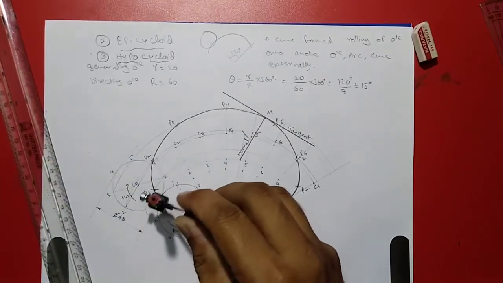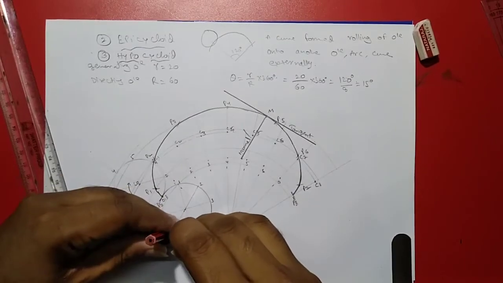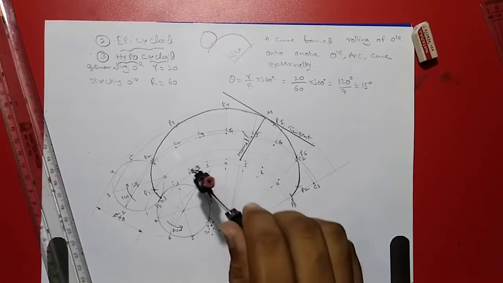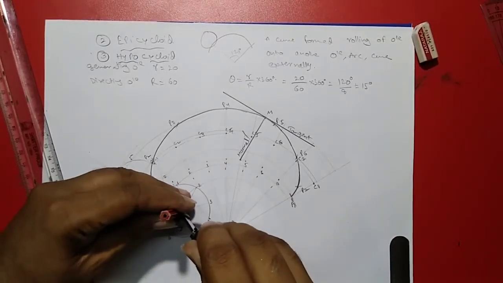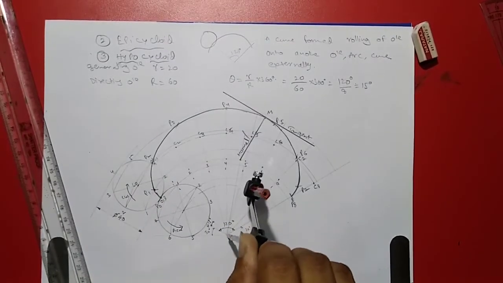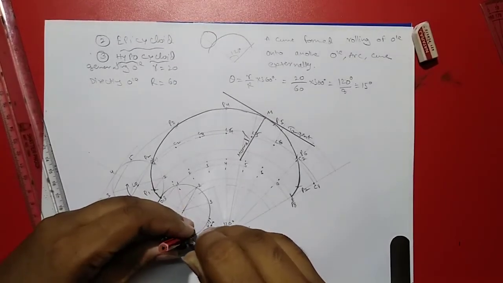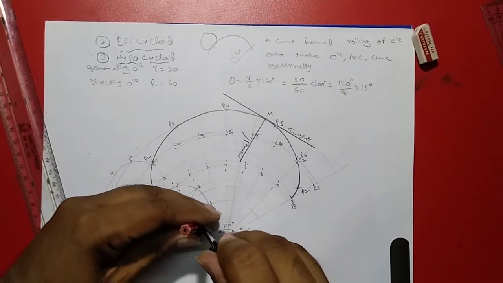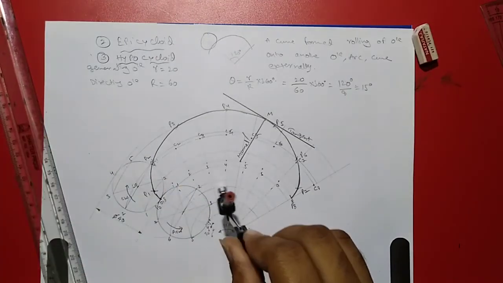I'm drawing 1 and 7. Now 6 and 2. Center line. Five and 3. And the last one, 4.